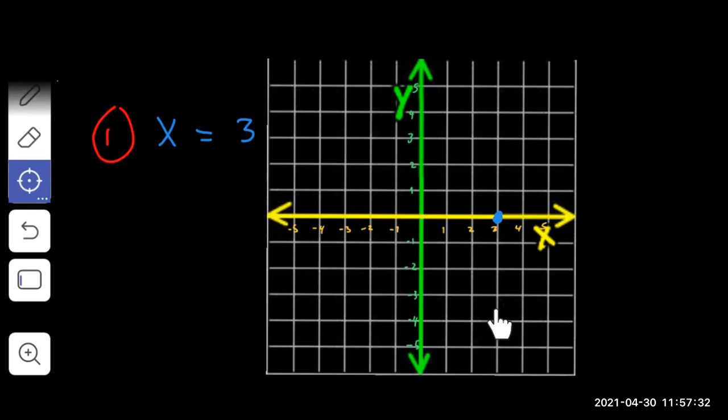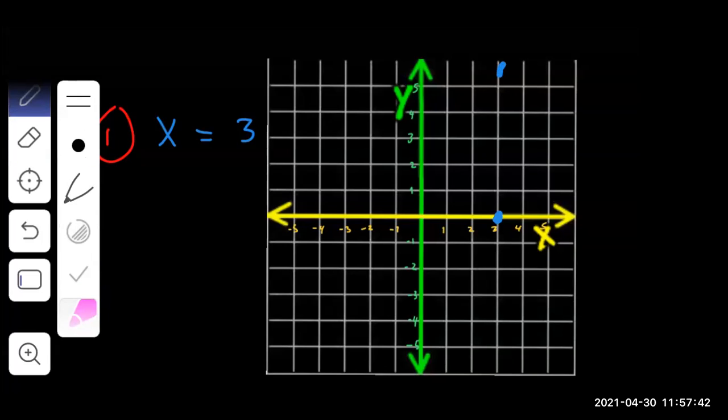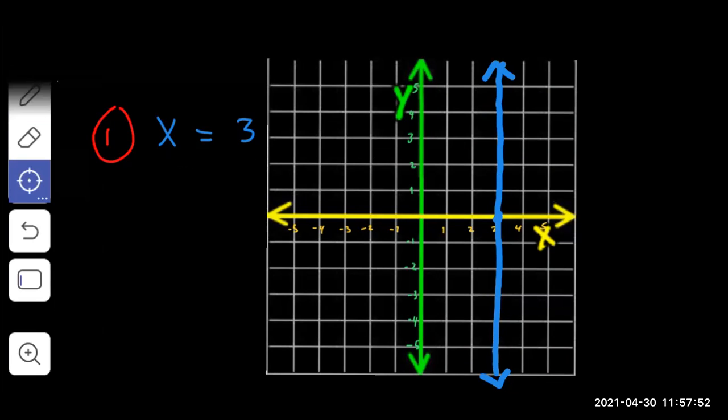I'm going to make a vertical line here at x equals to 3, because this is 3 for x, this is 3 for x, this is 3 for x. All of this line is 3 for x. We're going to make a vertical line now. Let's suppose that this is the graph, and this is x equals to 3. We don't need a table in these cases.